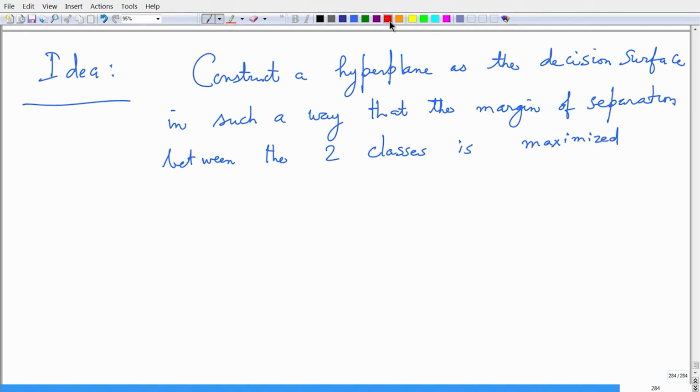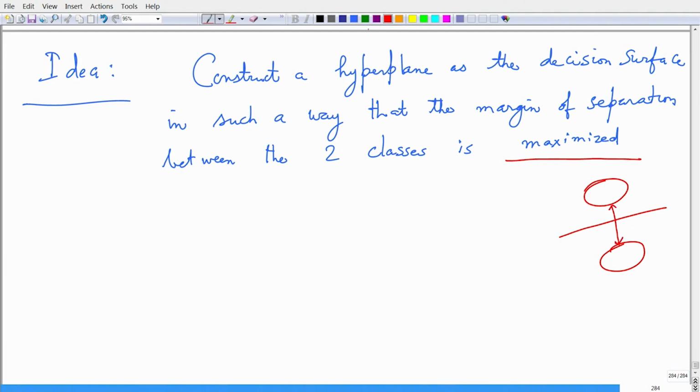But this is very important. We want the margin of separation between the two classes to be maximized. So, I have one class here, another class here. So, there is this boundary here that I want to set, right. I want this distance of separation to be in some sense optimized, right.